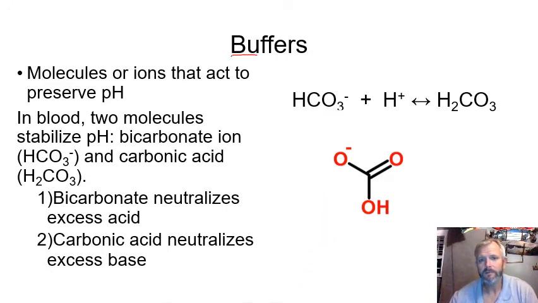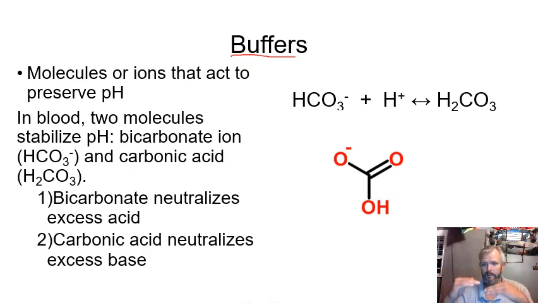How does a buffer operate to regulate? What we're trying to do is keep the number of hydrogen ions in the blood within a homeostatic range. We don't want the amount of hydrogen ions to go up extremely and get more acidic, and we don't want the hydrogen ions to drop significantly.